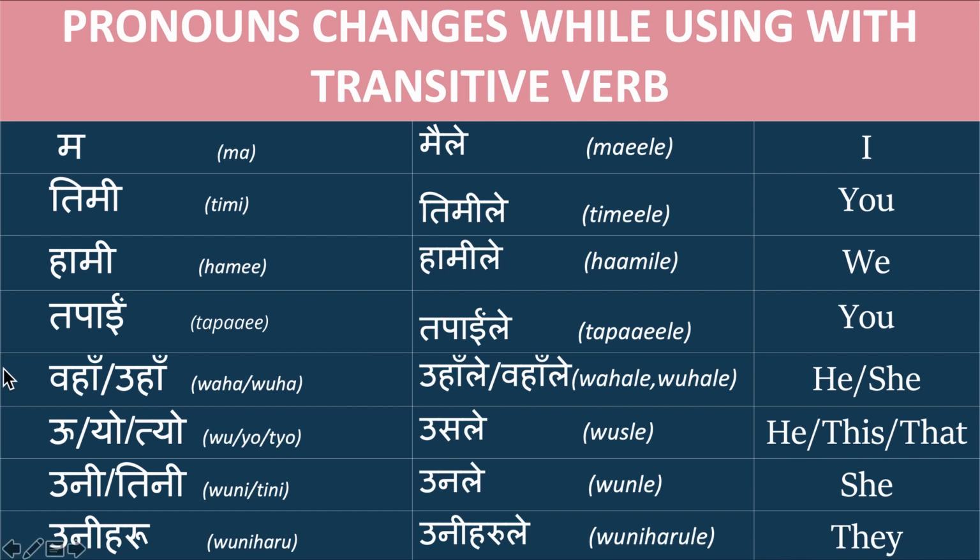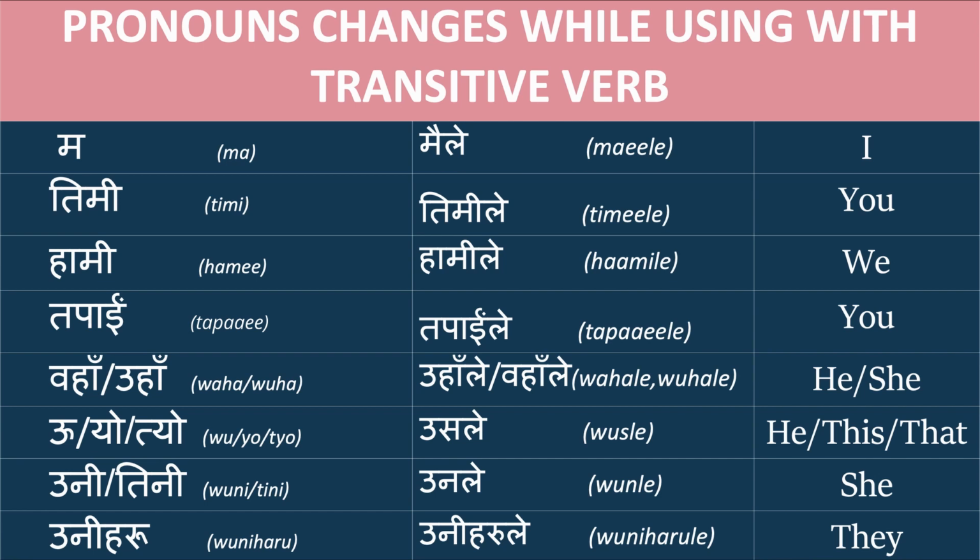For example, ma changes to maile, timi changes to timile, hami changes to hamile, tapai changes to tapaile, wahan or uhan changes to uhanle, u changes to usle. Similarly, we haven't shown any changes of yo and tyo, but you can change this as yesle and tyasle.